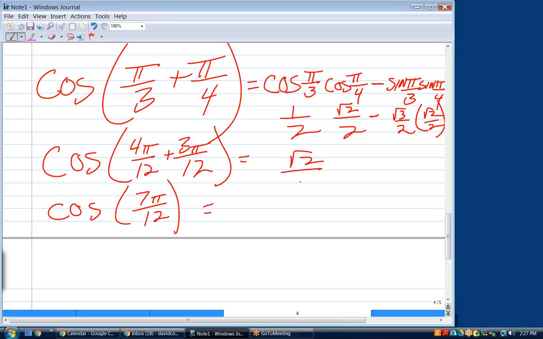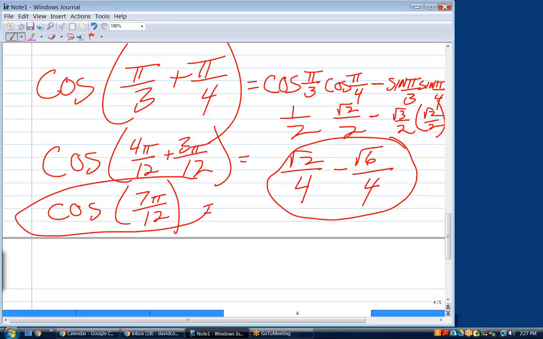So it's root 2 over 4 minus root 6 over 4. So there's the answer for the cosine of that angle, which happens to be 105 degrees. In other words, it's an odd angle. So sometimes you can figure out odd angles by using the sum and difference form.